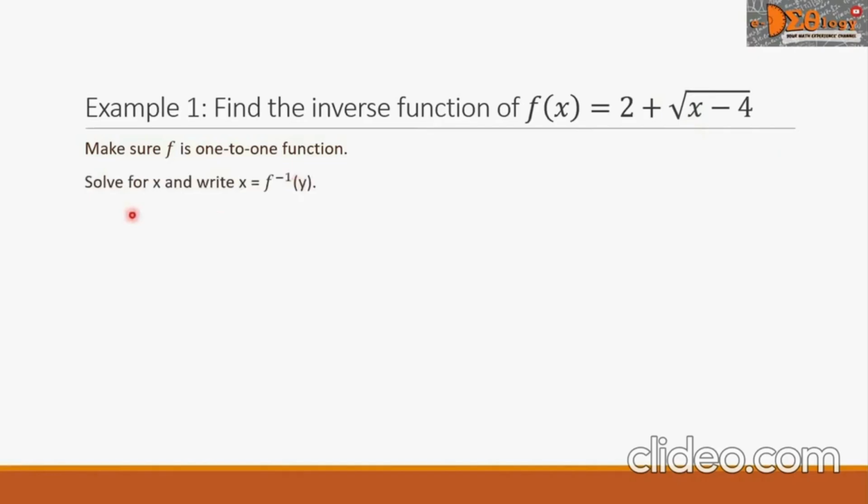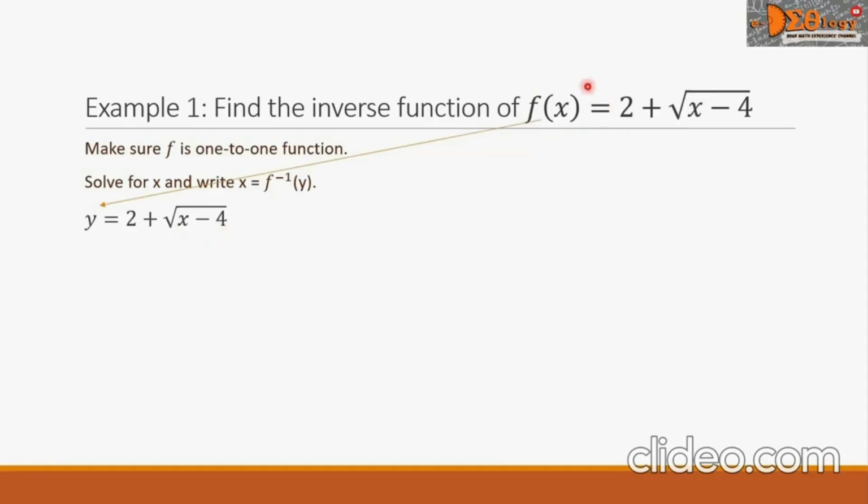Now, step 2 says solve for x and write x equals f inverse of y. I'm going to copy this function in here, but instead of the symbol f of x, I will change this into y. So we have here y equals 2 plus the square root of the quantity x minus 4.